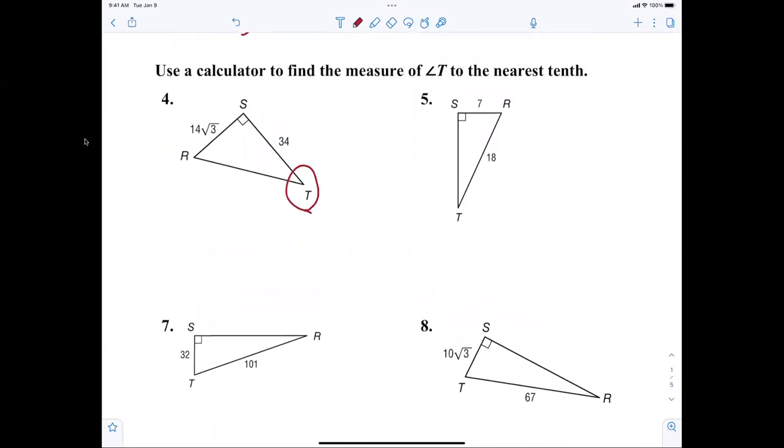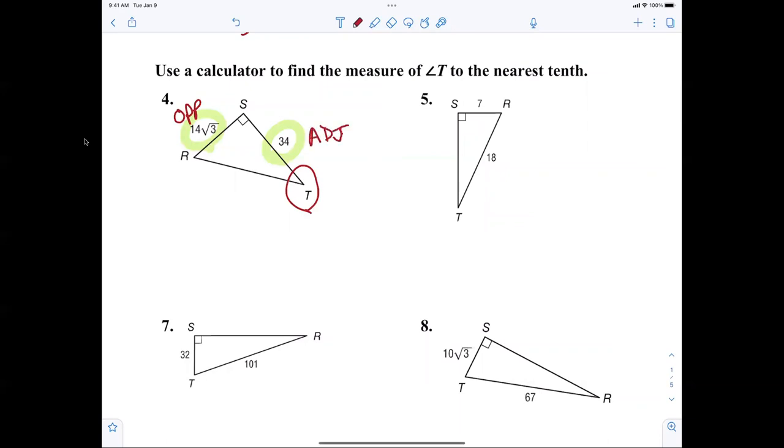And this is going to take some time, guys. Now, I want you to tell me the other 2 sides that are given. This and this. Everybody agree with that? Now, with respect to angle T, what is 14 radical 3? The opposite, the adjacent, or the hypotenuse? Opposite. And what is 34? Adjacent.